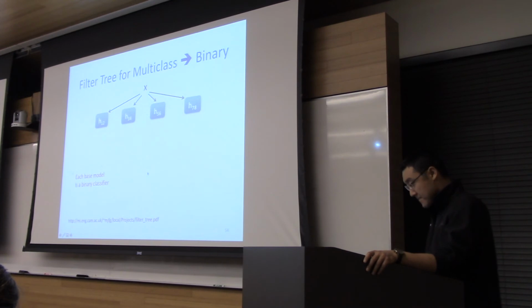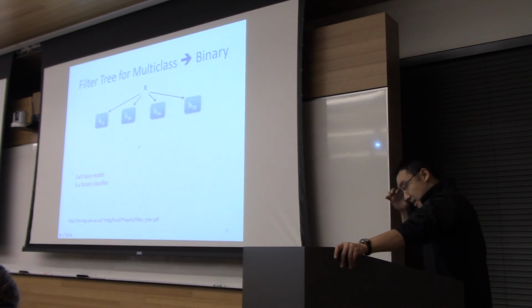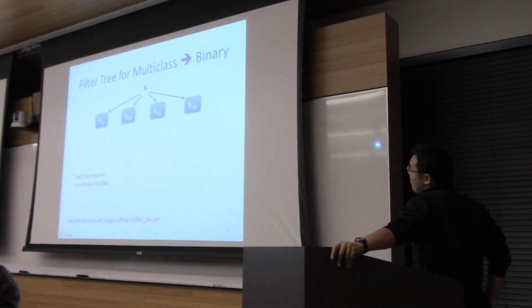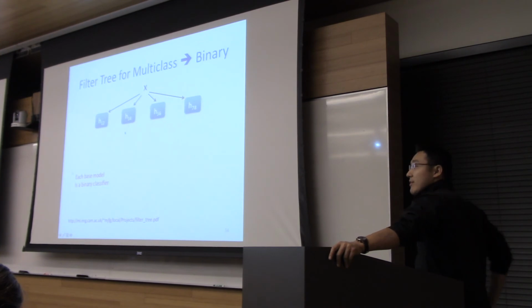And what we're going to do is feed x into 4 binary classifiers. The first binary classifier is going to make a prediction: is x more likely to be class 1 or class 2? The second classifier is going to make a prediction: is x more likely to be class 3 or class 4? And so on and so forth.